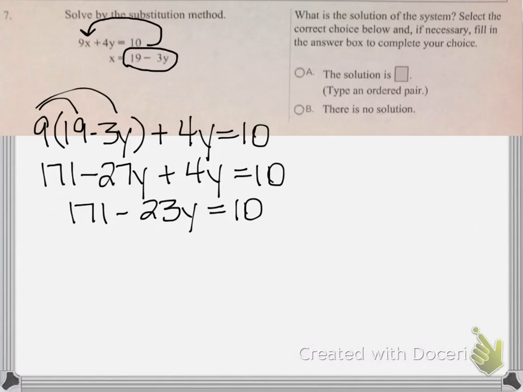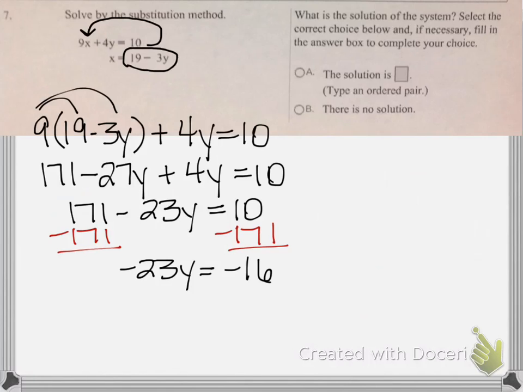Now I can start solving. So I'm going to move the 171. And that's going to give me negative 23y equals negative 161.